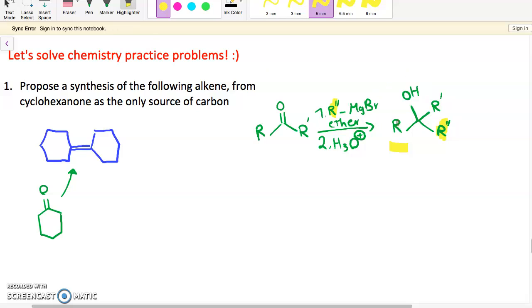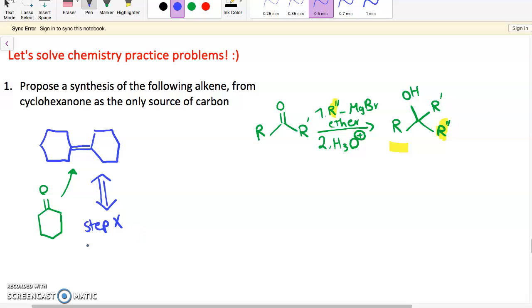So my next step would be to start with something similar to what I just drew, so having an OH group instead of that carbonyl group. So I know that I need one step here to go from alcohol to this double bond.